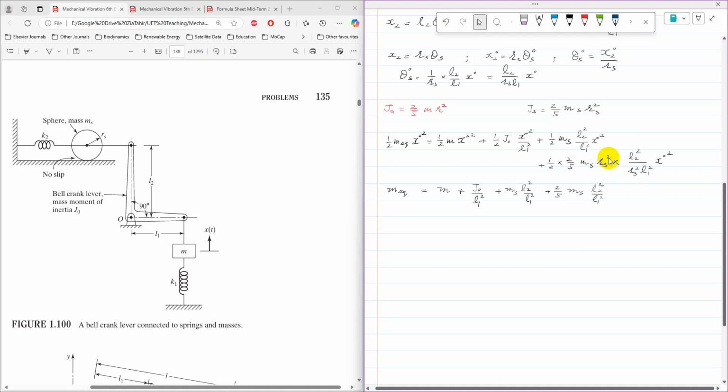The rs squared cancels, leaving 2 over 5 ms L2 squared over L1 squared. Now that is a simplified form, and both of the terms are the same, so 1 plus 2 over 5 is 7 over 5. That is the equivalent translational mass of the whole system.